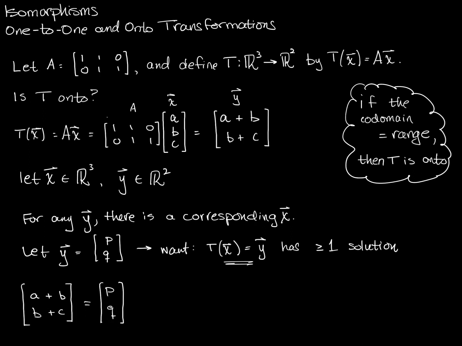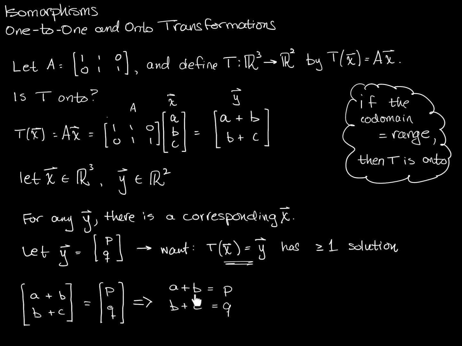In this case, that equality implies that A plus B equals P, and B plus C equals Q. But A, B, P, C and Q are all real numbers, right? Every single one of these is a real number because they're coming from real number valued vectors.